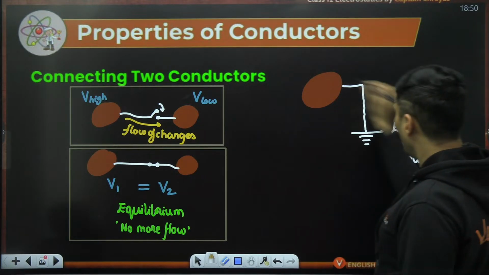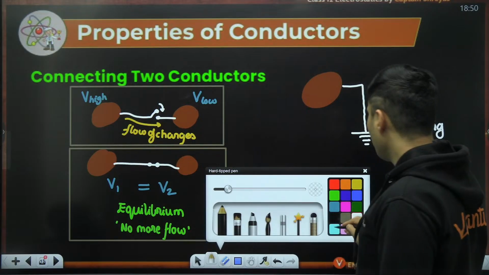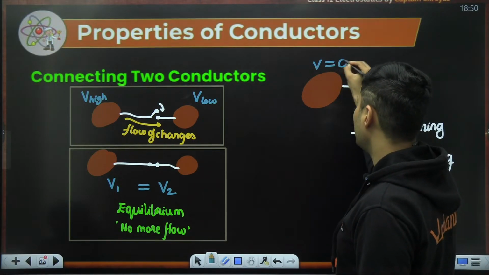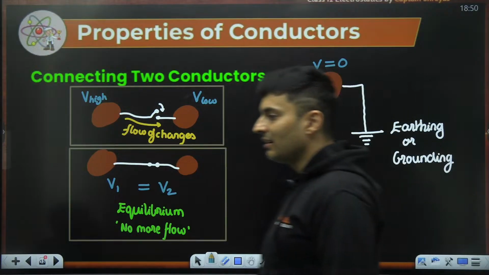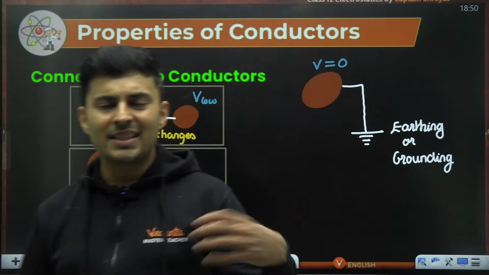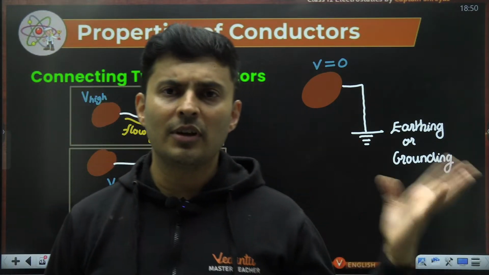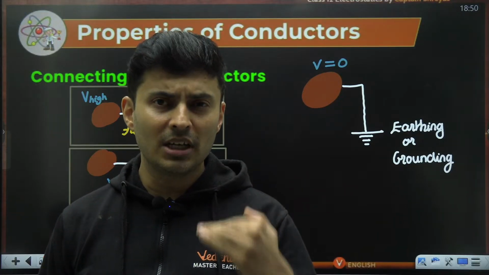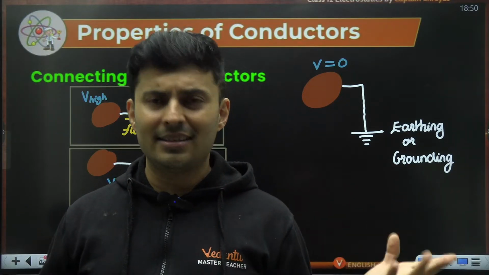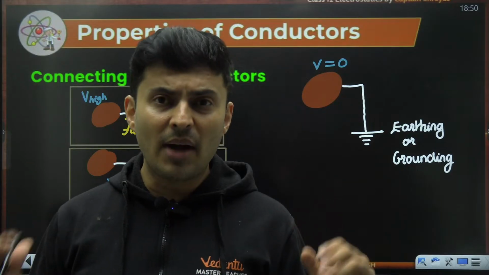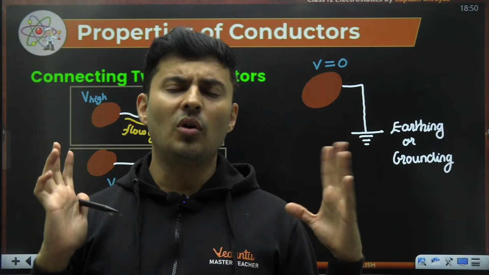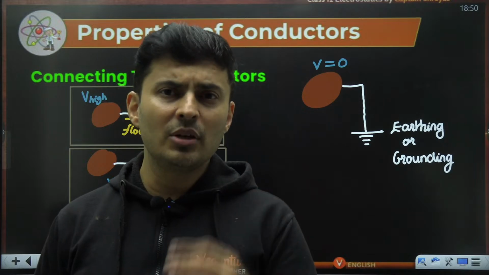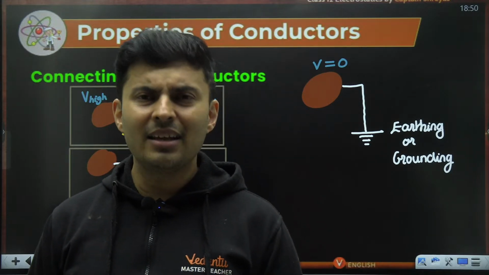Then the moment you connect that conductor, immediately the potential of that conductor will become zero, because the earthing will suck away or give those excess charges, and it will bring it to the potential of the earth. Earth being a massive object, it has large capacity, so it has almost negligible voltage. So if you measure the absolute voltage of earth, it is negligible.